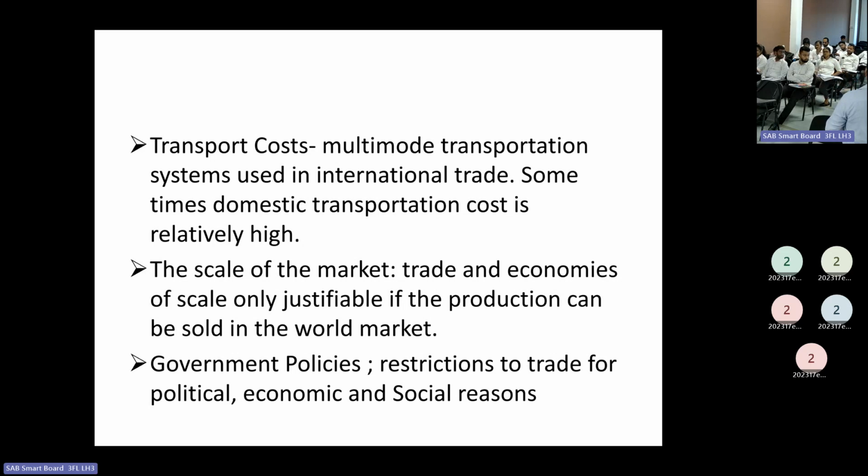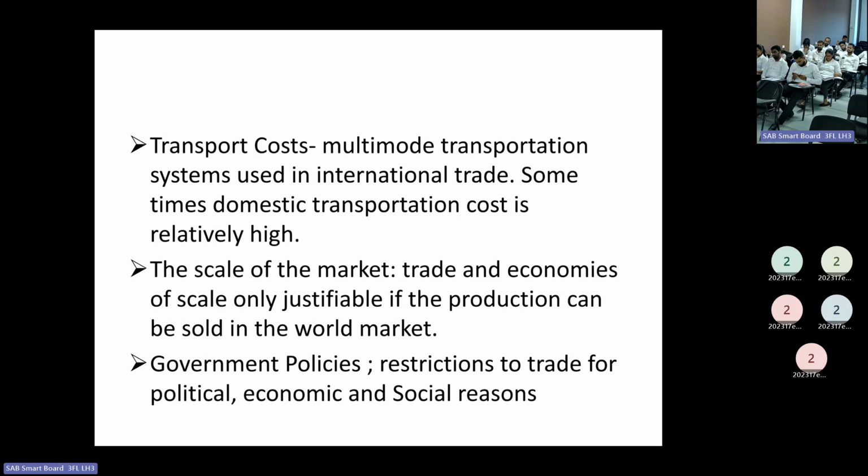Some limitations are imposed. If a country's discipline is not acceptable, for example if it violates human rights, some countries impose restrictions on it. That will affect trade.